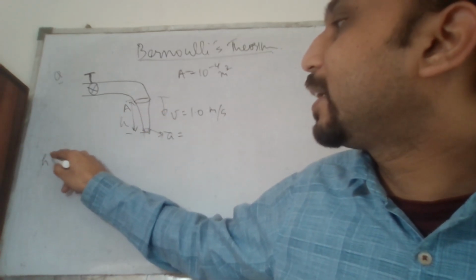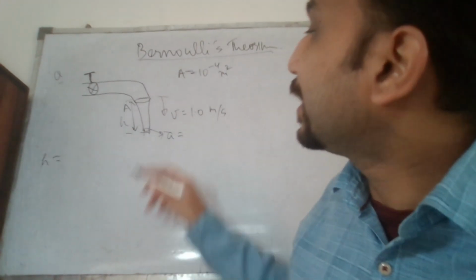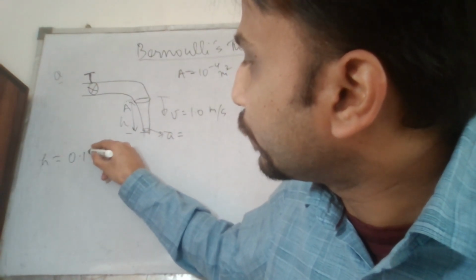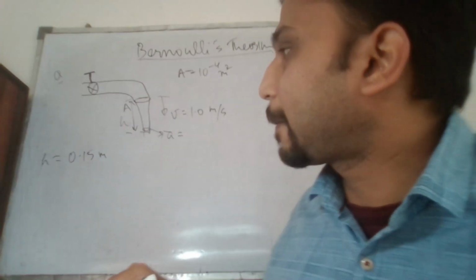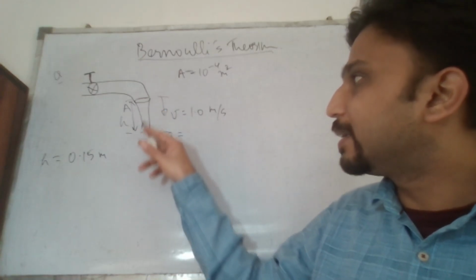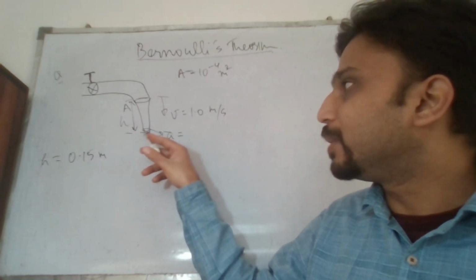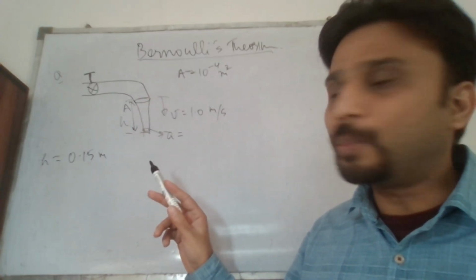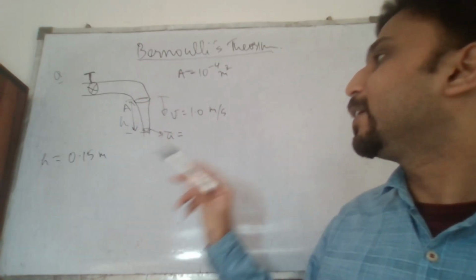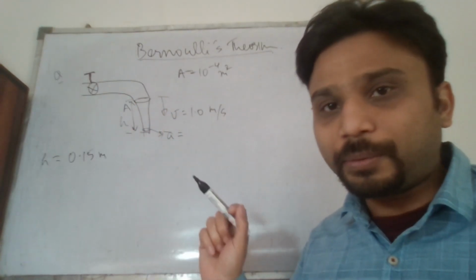This height h is equal to 0.15 meters. So we are measuring the water flow below where the tap opening is. At this point, we have to see how the flow has narrowed down.